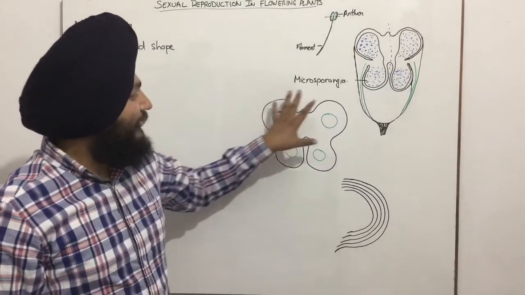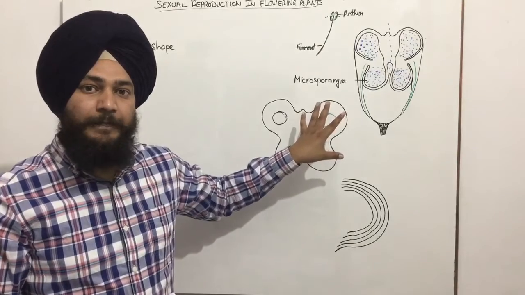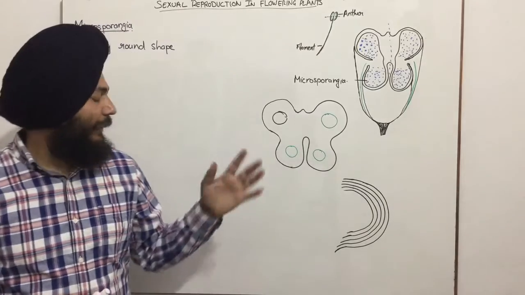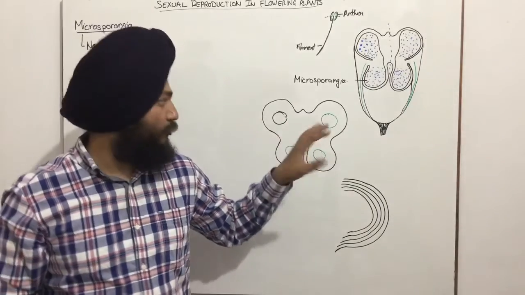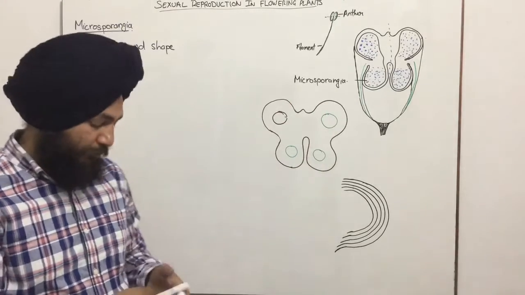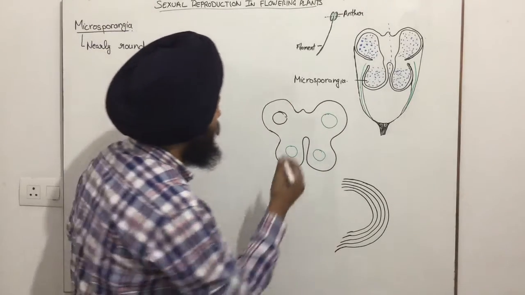And each of these microsporangia is covered by certain layers, and these layers are four in number. So there are four layers, a layered wall, which is covering all these microsporangia.